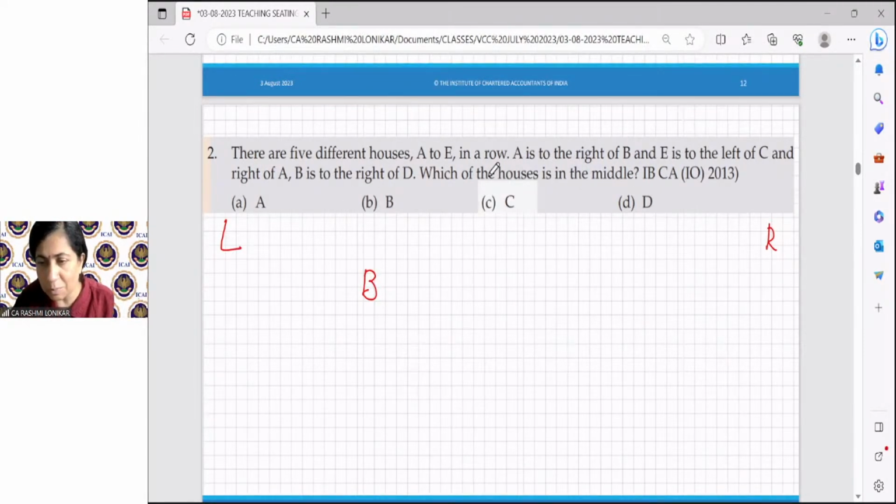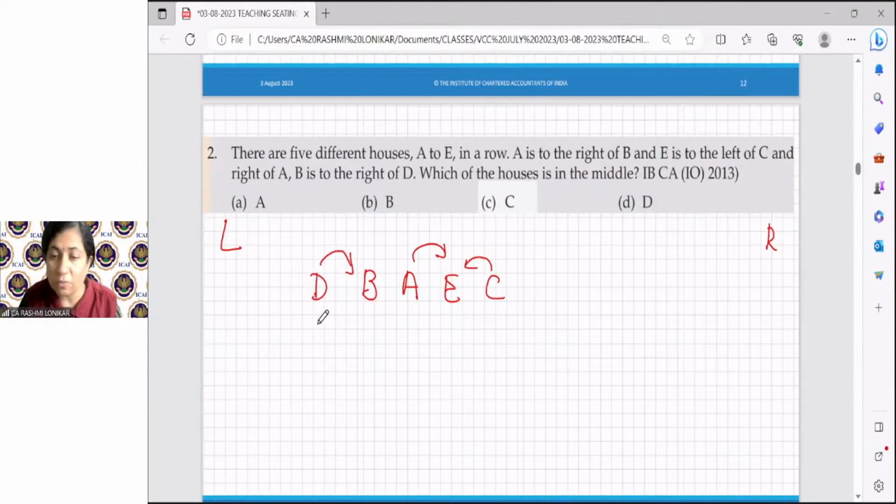Okay, so I've written down B. A is to the right of B, so right is here, A. E is to the left of C and right of A. Okay, so I already have A. I don't know C yet, but I already have A. E is to the right of A, so this will be E. This is the right, so E will be to the right of A and left of C. So this is my C now, because it is to the left of C. B is to the right of D. I have D, and B is where?